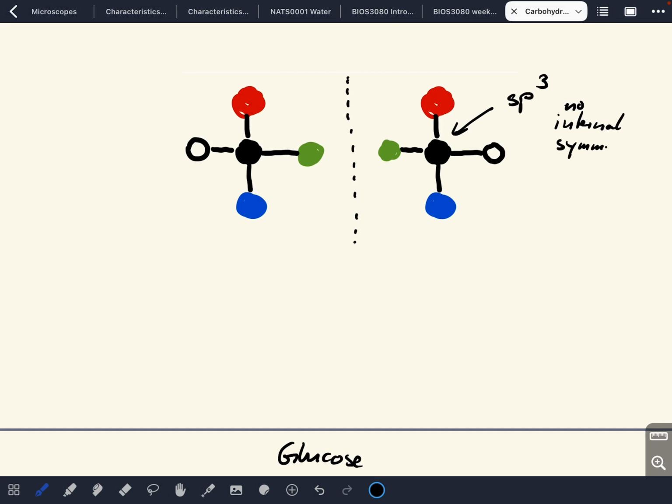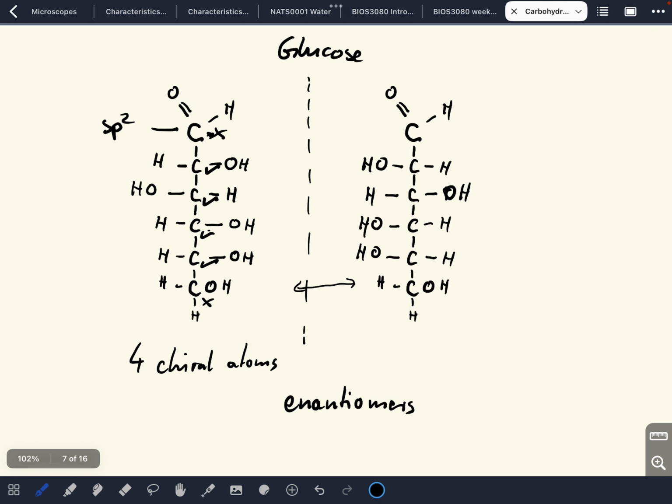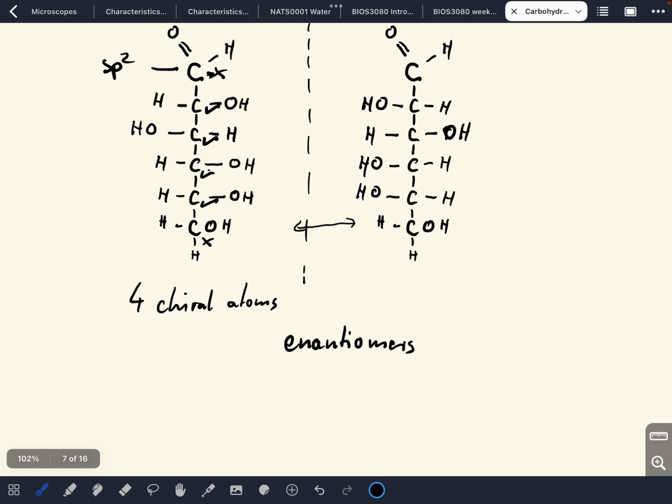And this structure here is absolutely essential for the biological function. So, for example, we can nicely use this particular glucose, but this type of glucose is not usable for biological systems.